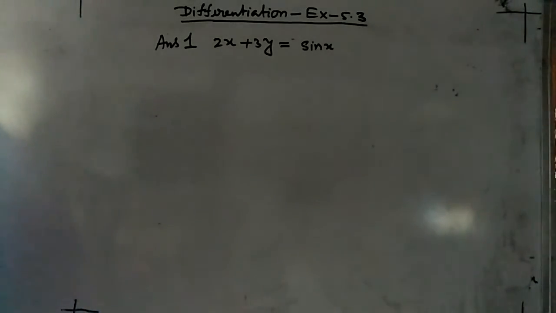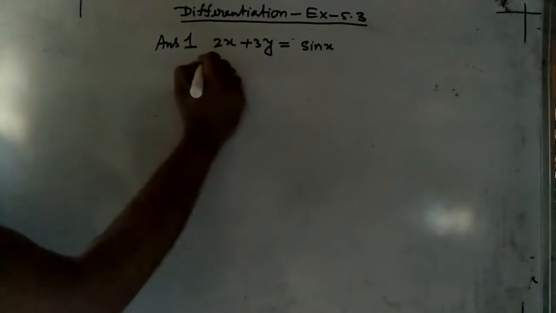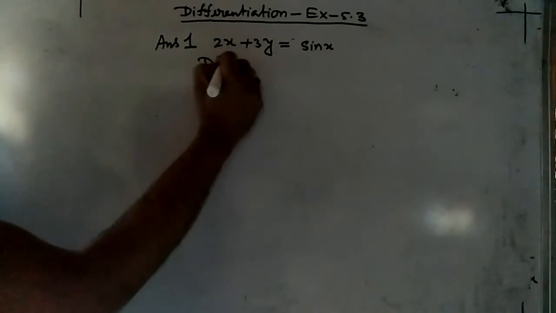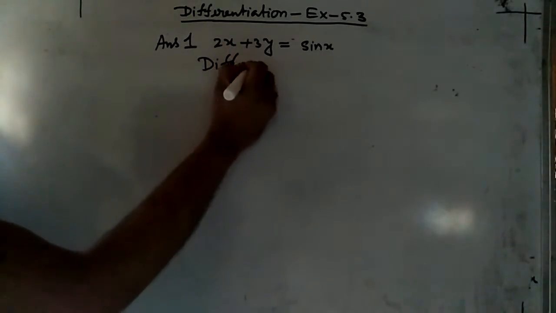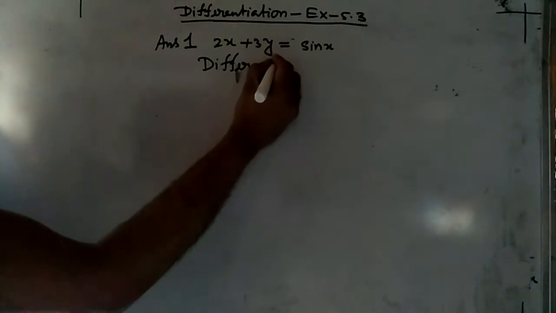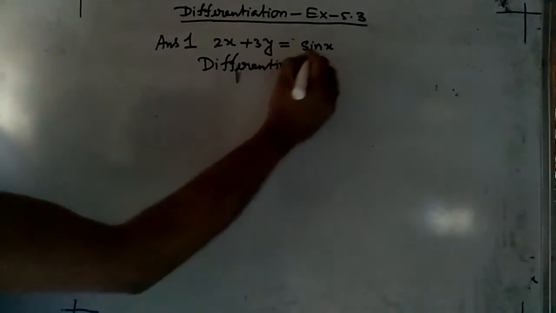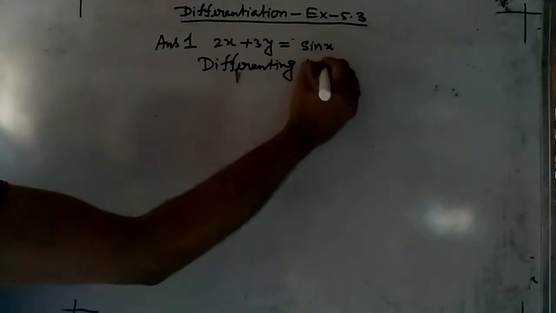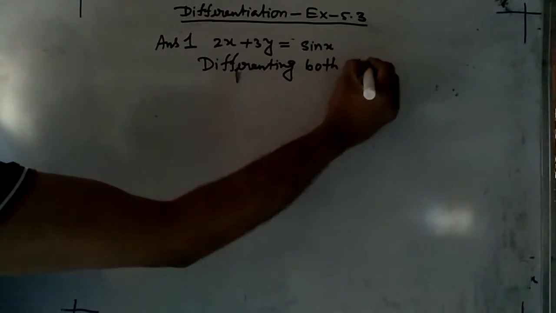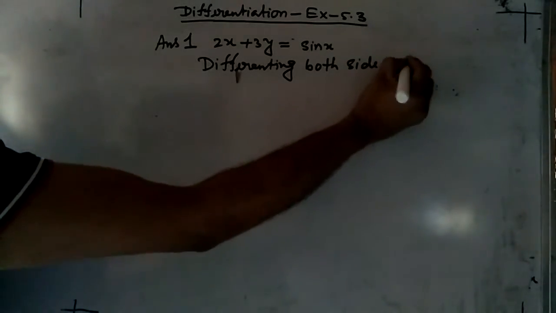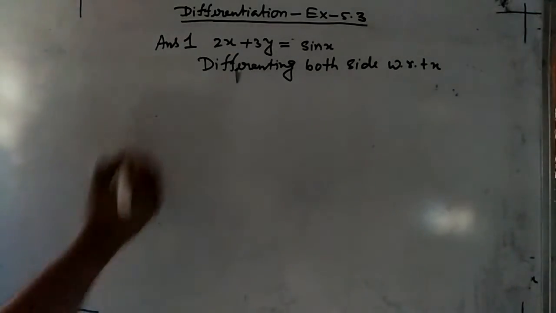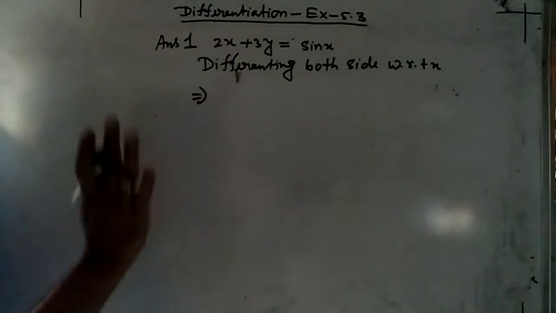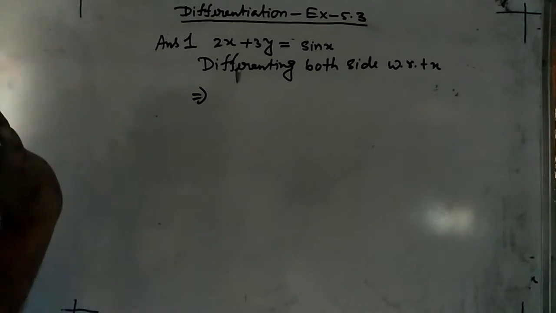So we have to find dy by dx. So differentiating both sides with respect to x, right? Here it is an equation, so there is no need to write dy by dx first.